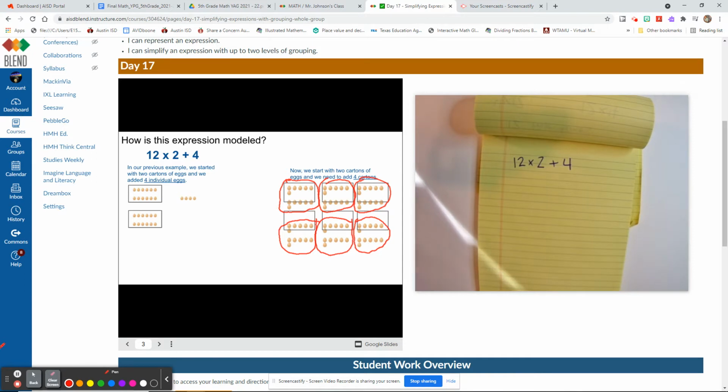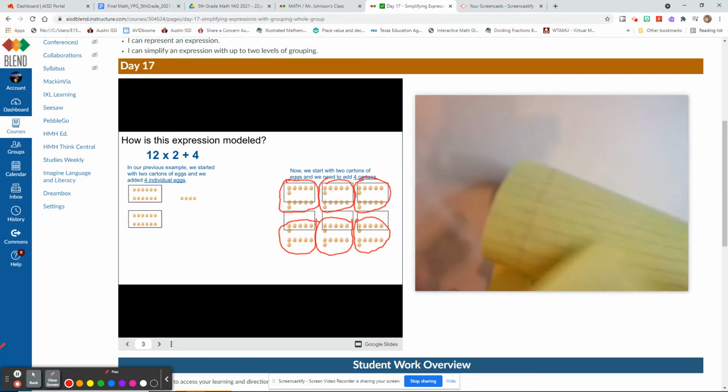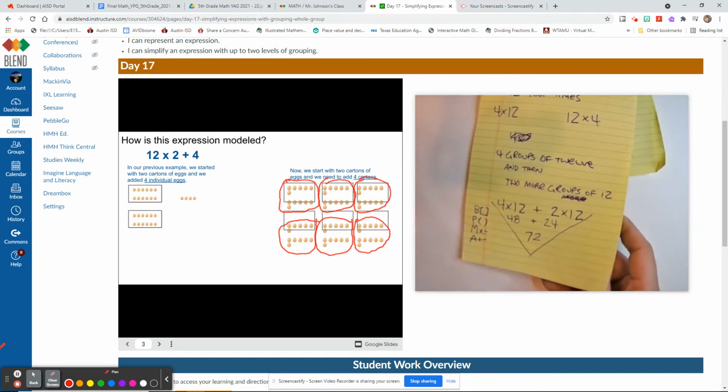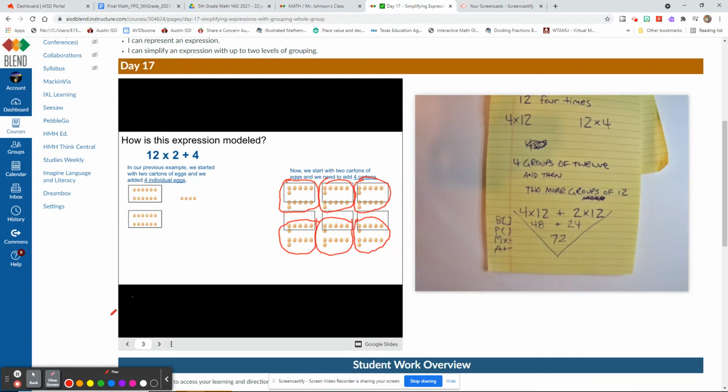I don't know. Okay, so the answer that we were looking for a long time ago, if you remember, was 72. And if you look at our circled eggs over here, we do have 72. Now, if we did 12 times 2 plus 4, 12 times 2 is 24, plus 4 more made 28.